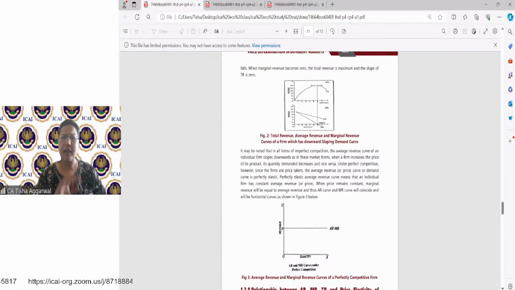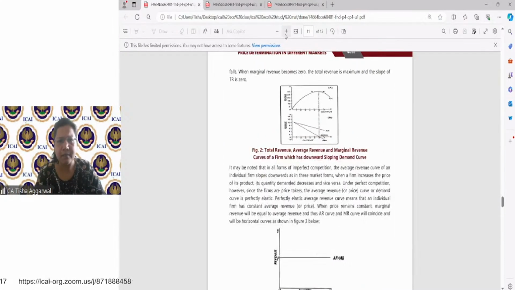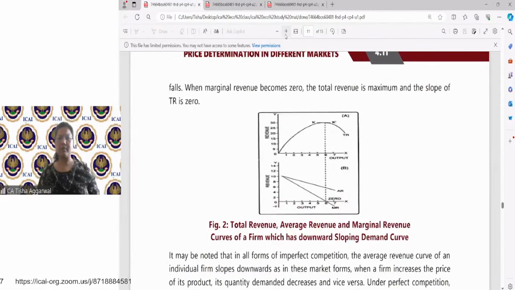Anyways, look at this diagram. I will zoom it for you. Let's understand how this TR is going, rising, reaches maximum, and then starts falling.